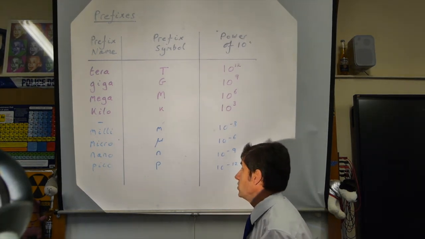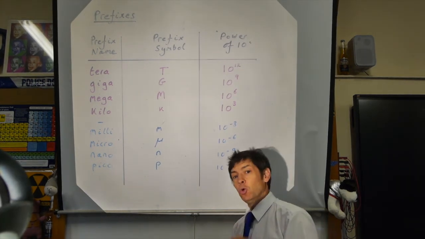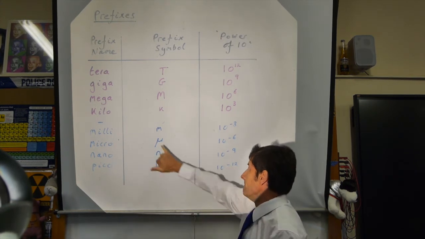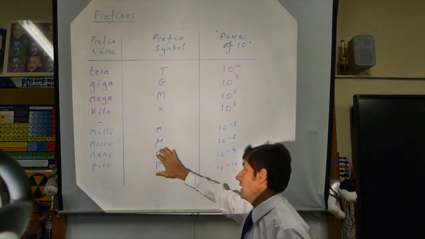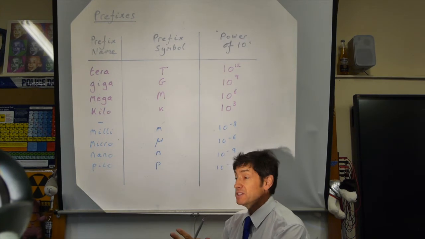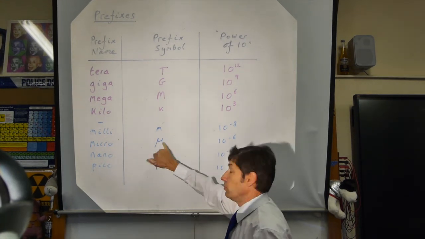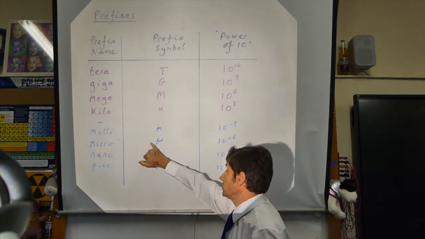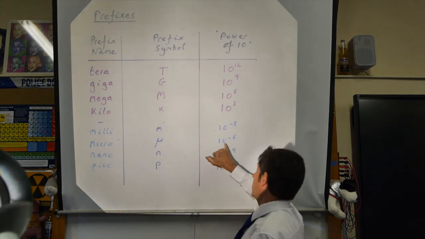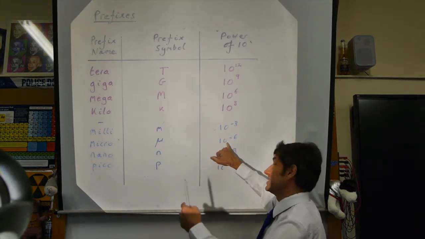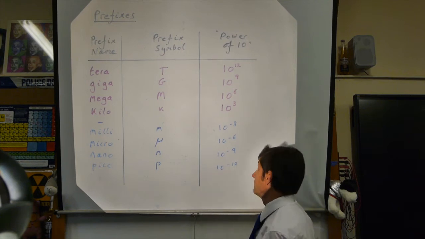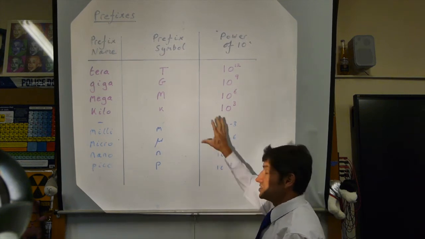Okay, I'll give you another example. If you get 0.6 microamps, you don't put 0.6 into your calculator, you put 0.6 microamps, 0.6 times 10 to the minus 6 amps. Okay, so you can see how this works.